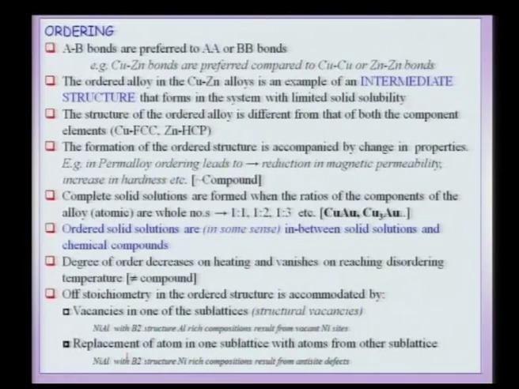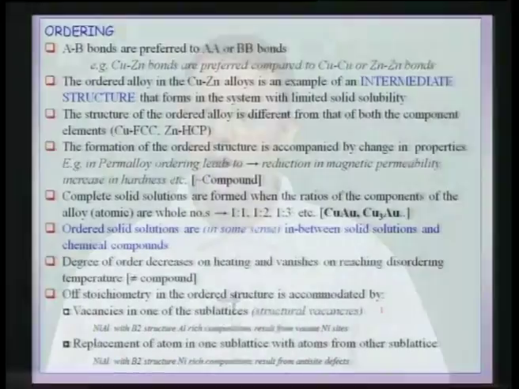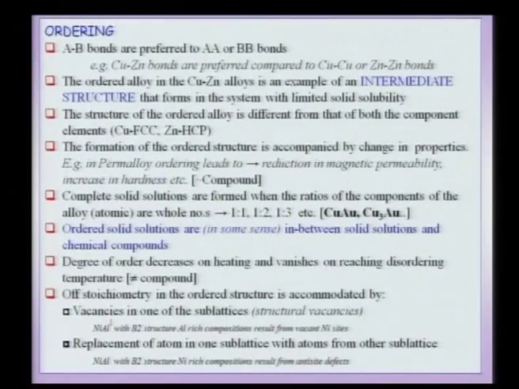So you can clearly see, first, that there is a pronounced asymmetry in the way off-stoichiometry is accommodated. This is one nice example in the nickel aluminum system, wherein the aluminum-rich compositions are accommodated by removing nickel atoms from the nickel sublattice.